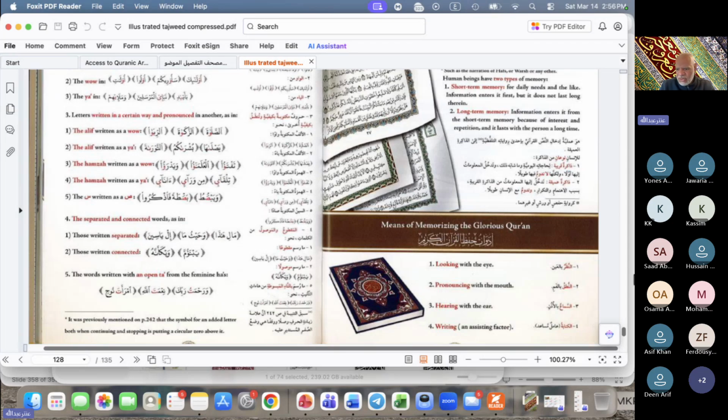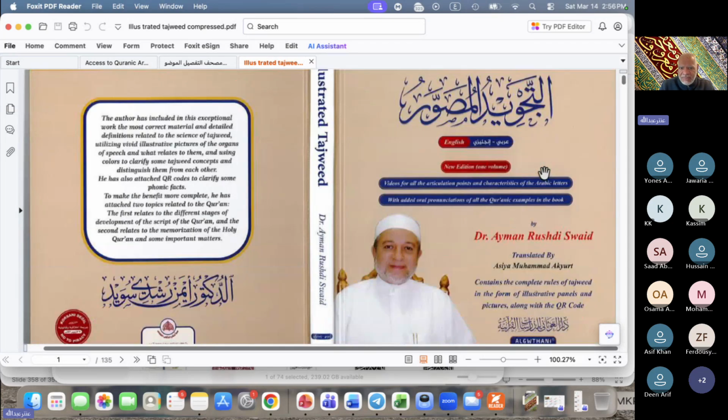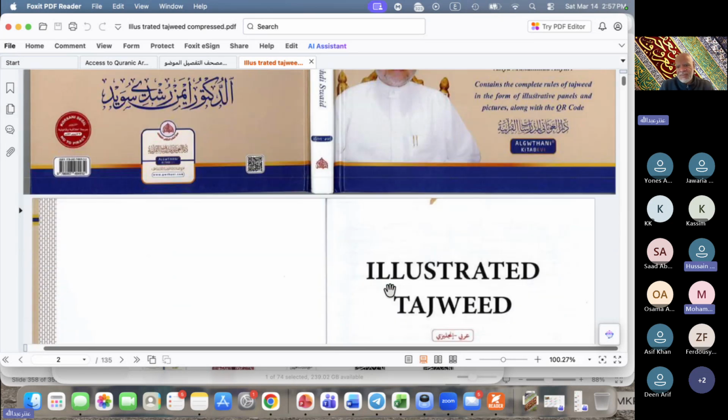So this is called the Illustrated Tajweed by Sheikh Ayman Suwaid in English and Arabic. I think we can get your copy from Amazon, or you can also get an e-copy on your tablet or iPad. They make it available on Kitab. I can share with you, inshallah, in the class. Yeah. Inshallah.